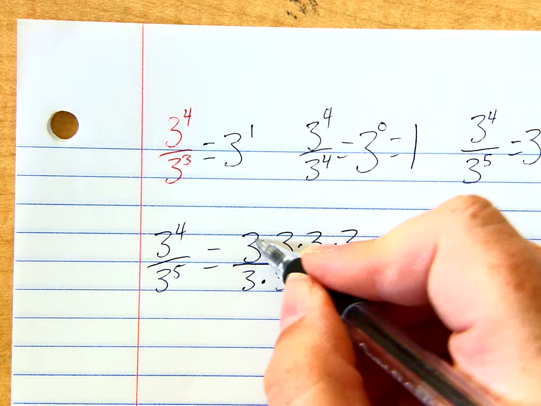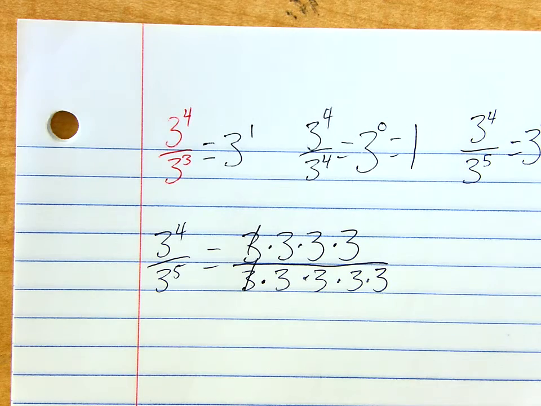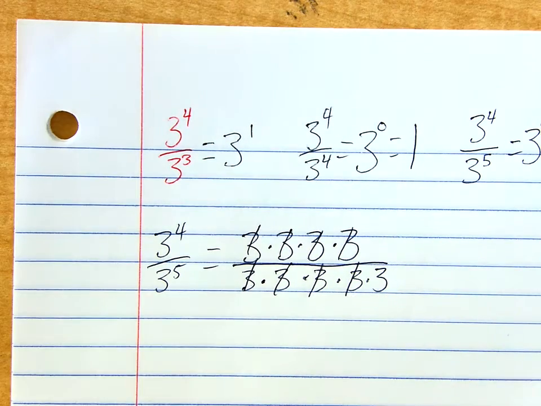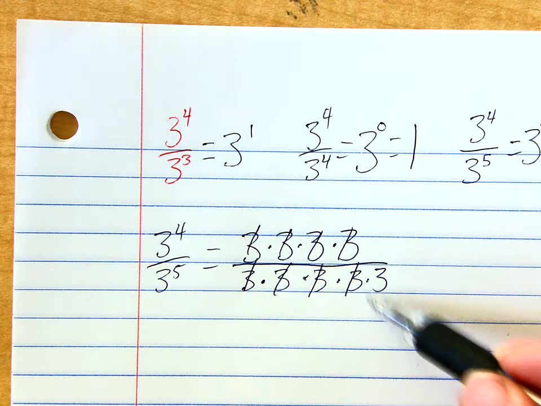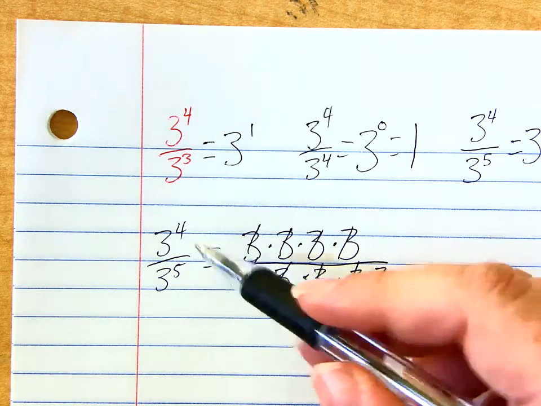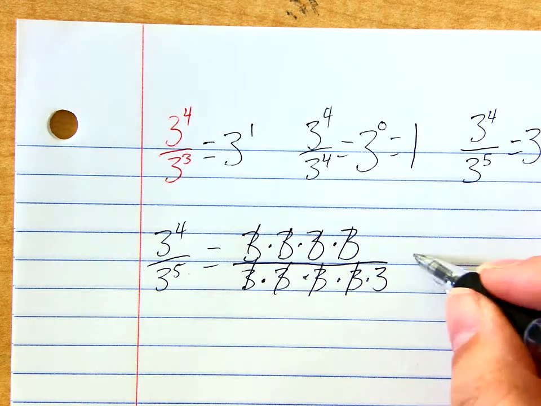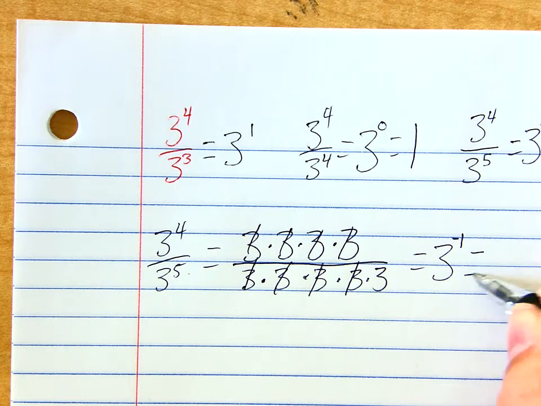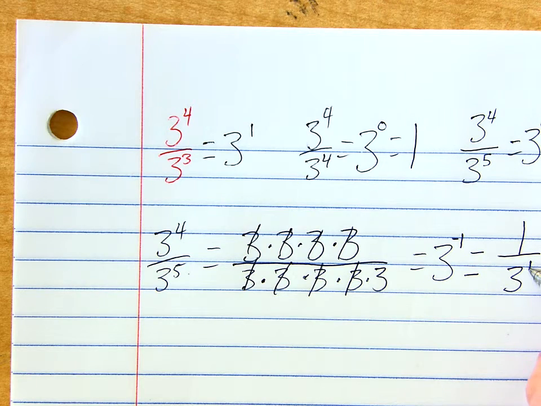So yeah, I can cancel these out and put a 1 in their place if I wanted. 3 over 3, 3 over 3, 3 over 3. But now I've run out of 3's to cancel, so I have 1 left on the bottom. So, in other words, 3 to the 4th over 3 to the 5th gets me 3 to the -1, but 3 to the -1 is actually equal to 1 over 3 to the 1st power.